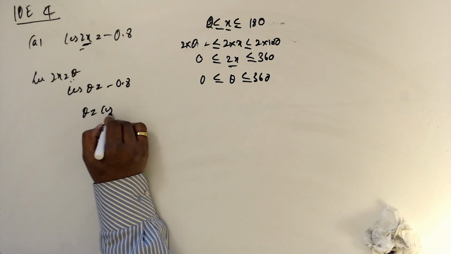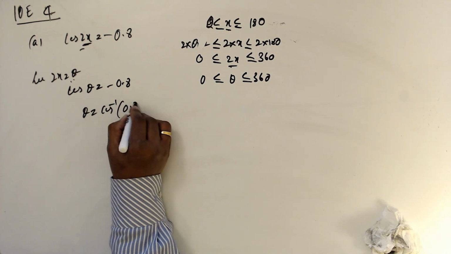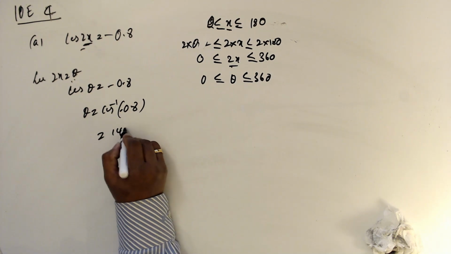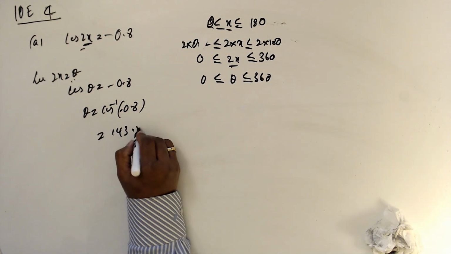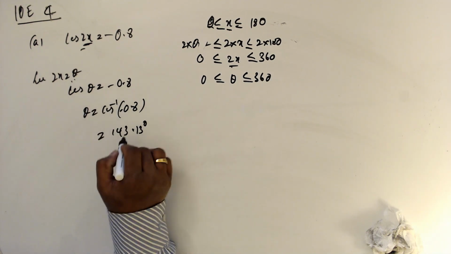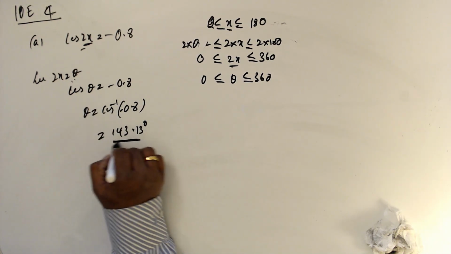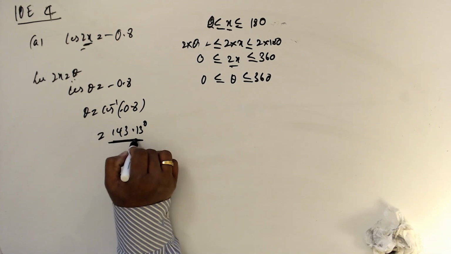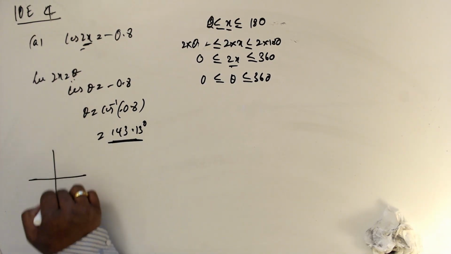Theta equal cos inverse 0.8. What is the value? That is 143.13. Now this is not acute, so we'll find the acute angle first.